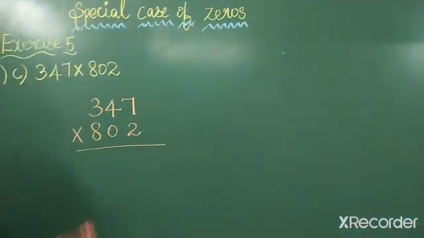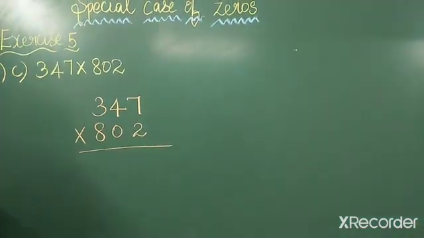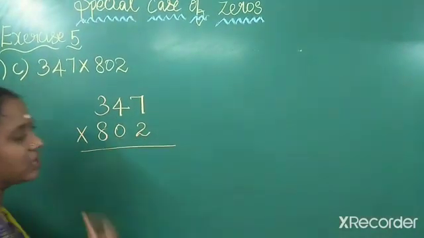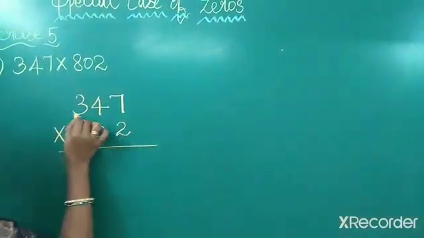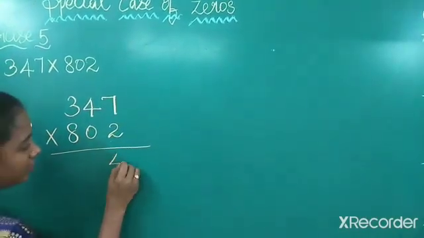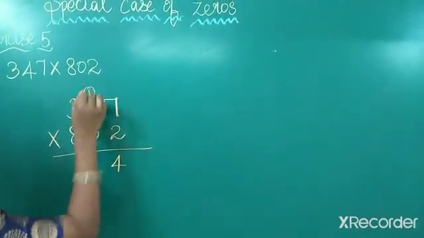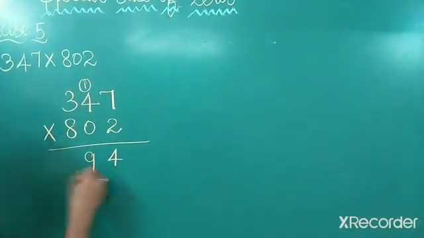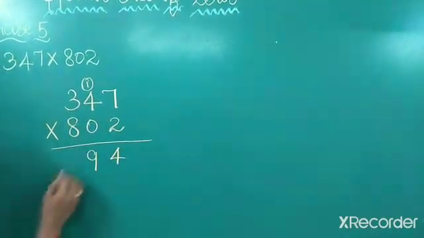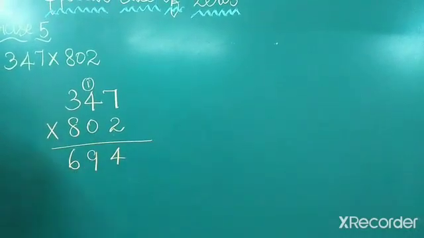In the same way we are going to multiply, starting from the ones place. Here we have 2. So, multiply with 2. 7 2s are 14. 1 carried over. 4 2s are 8 plus 1, 9. 3 2s are 6.